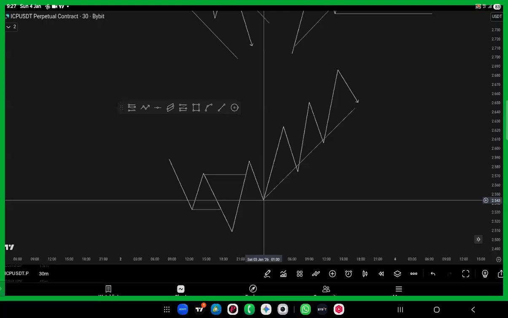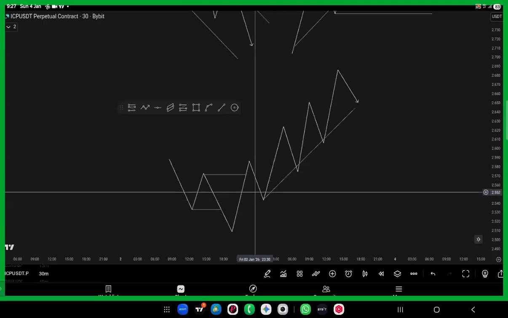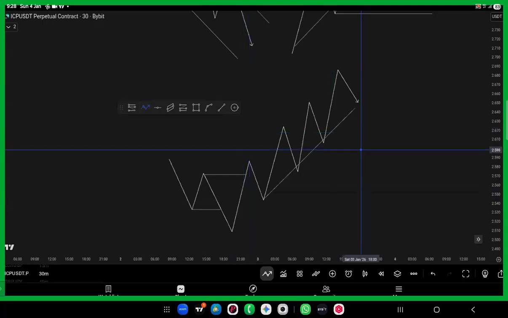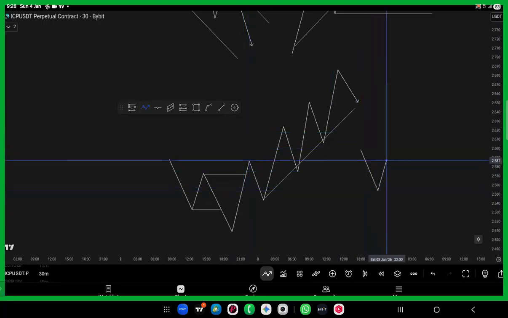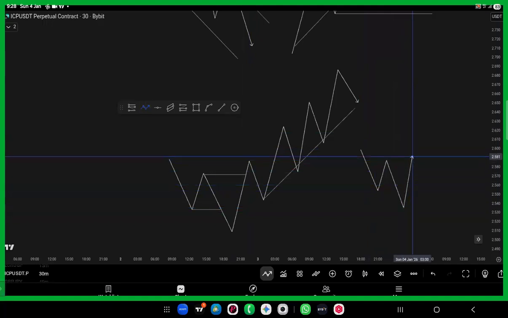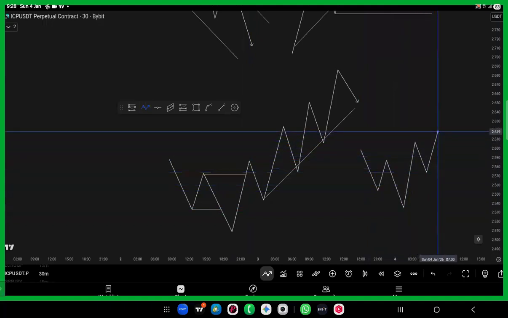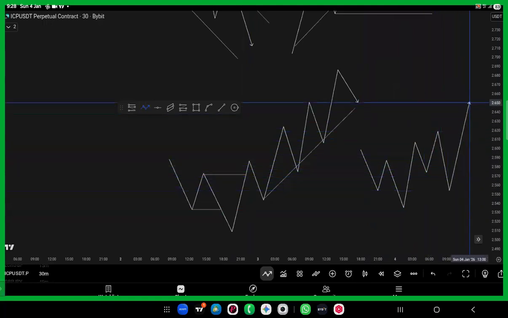It will be in the form of an inducement because this place was supposed to be used as an inducement. When I say an inducement, I mean something like this. Now we know that price is supposed to take out this place and come into here before pushing to the upside.